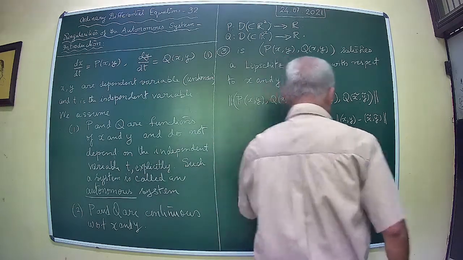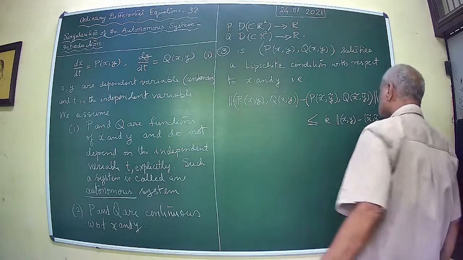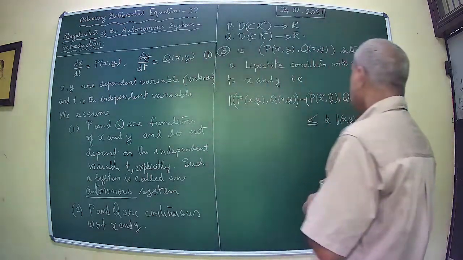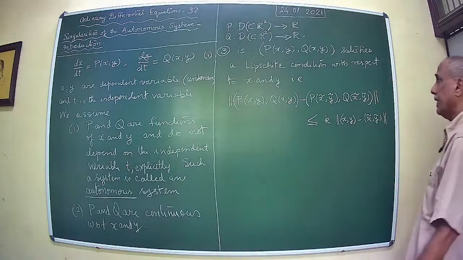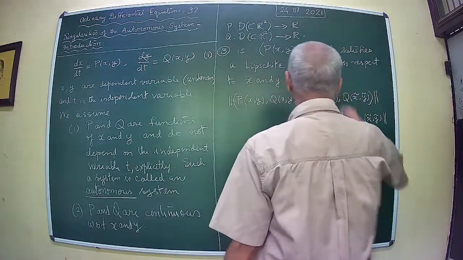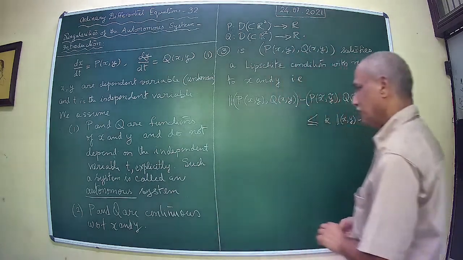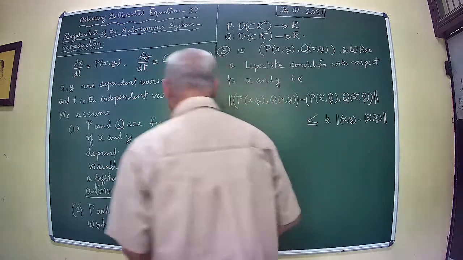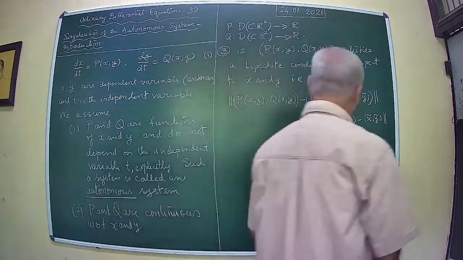This is the assumption that we are making, which is equivalent to saying that P is Lipschitz with respect to x,y and Q is Lipschitz with respect to x,y.